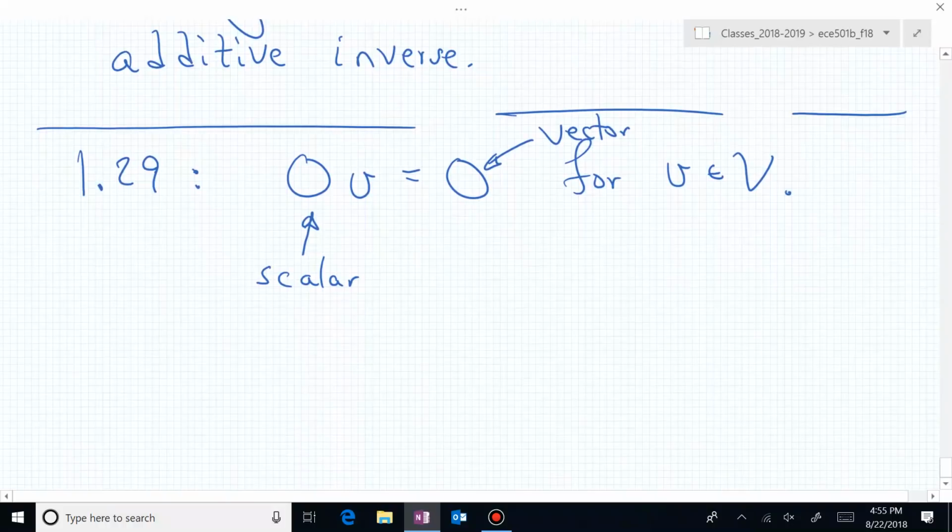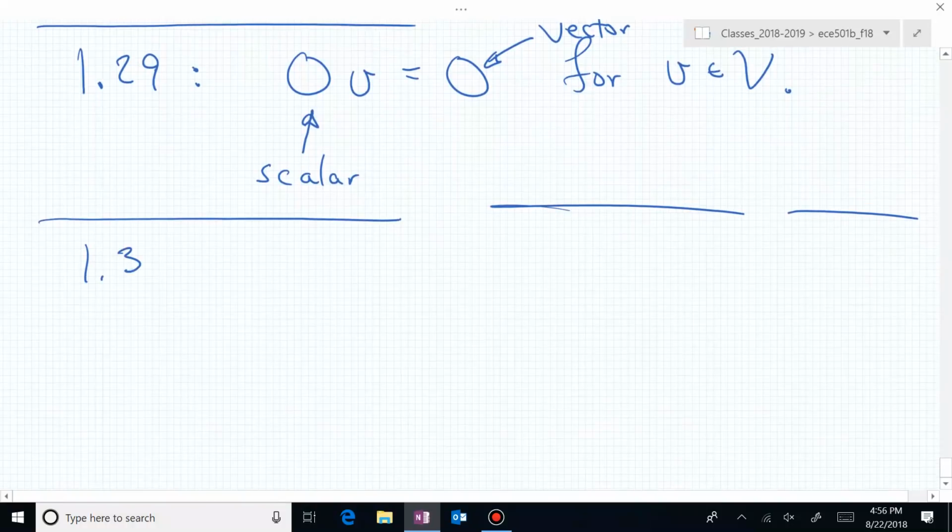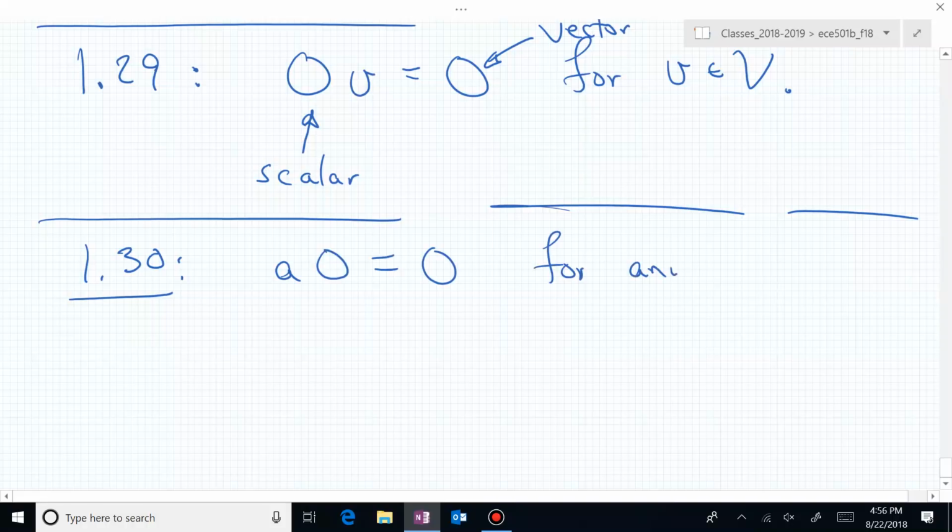So 1.29 is playing on the two different ways of viewing 0. 1.30 is a0 is equal to 0 for any a in our field. a is a scalar.